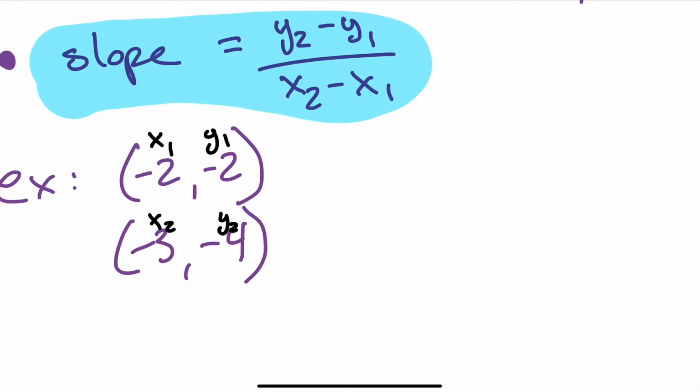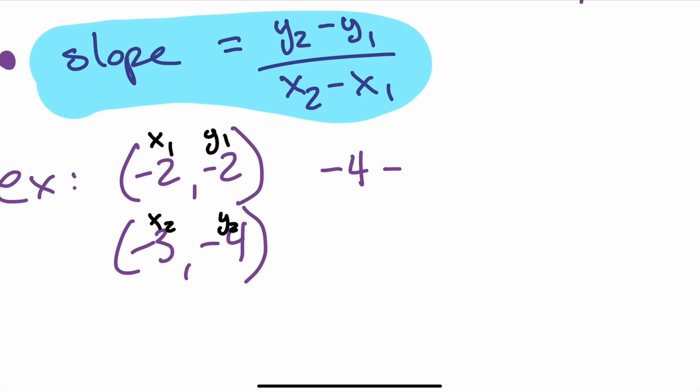All right, so let's do that just so we can see. For the slope formula, I need y2. I'm going to look at my different points here. y2 is equal to -4, so I have -4. Then we have a minus sign, so I'm also going to put a minus sign.